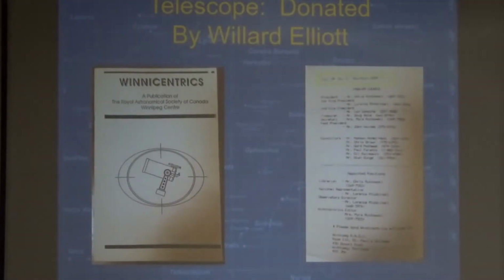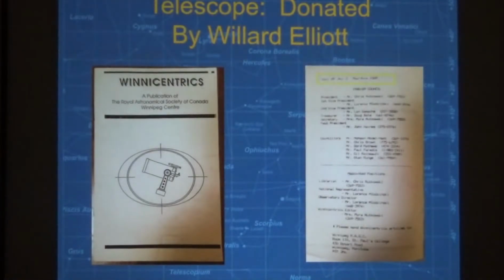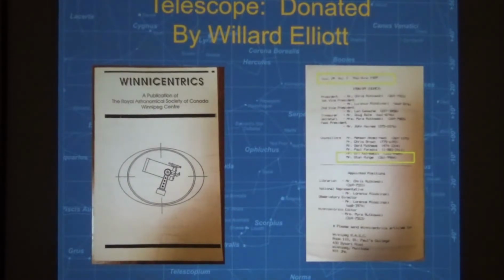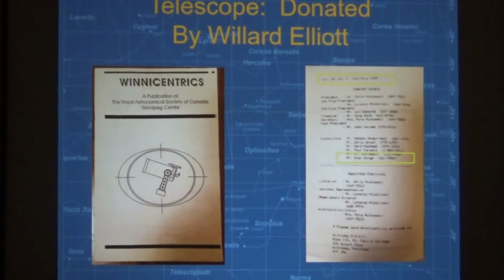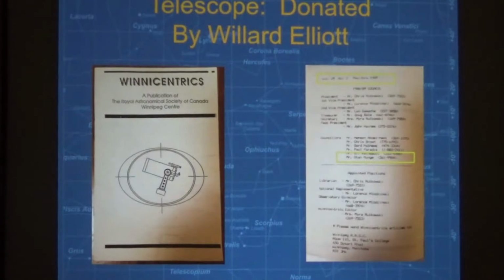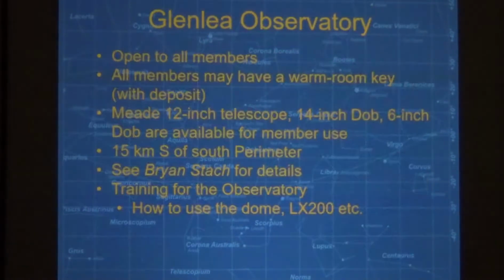That's supposed to be 1989. We have John Haynes and Paul Paradis, and of course my good friend Stan Romer. He's been on council for quite a long time. I'll have to scan it in and post it on the website at some point.